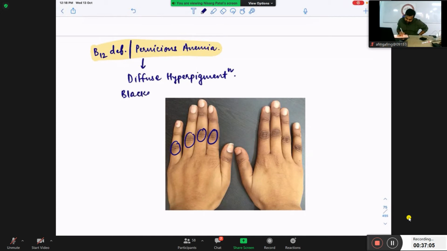We can notice blackening of the knuckles.